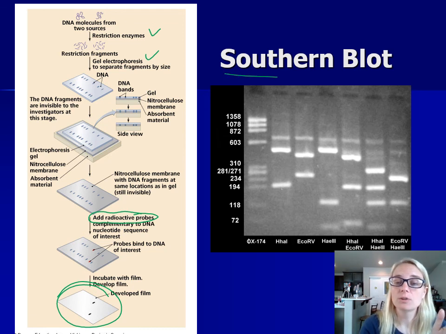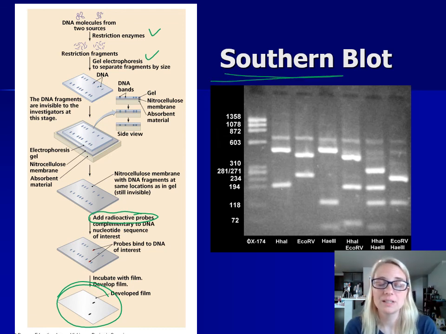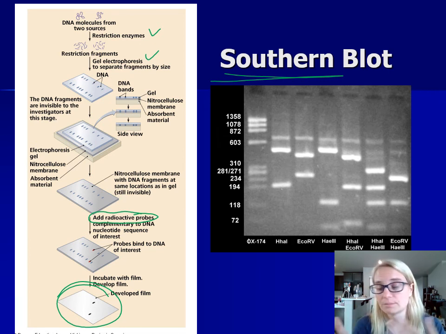And it's called Southern blot because the guy who invented it, his last name was actually Southern. So it has nothing to do with the directions of the compass. But interestingly enough, after he developed this process, other researchers kind of followed on that pattern. And so there's a Western blot and a Northern blot, and those were not named after people whose last names were Western or Northern.